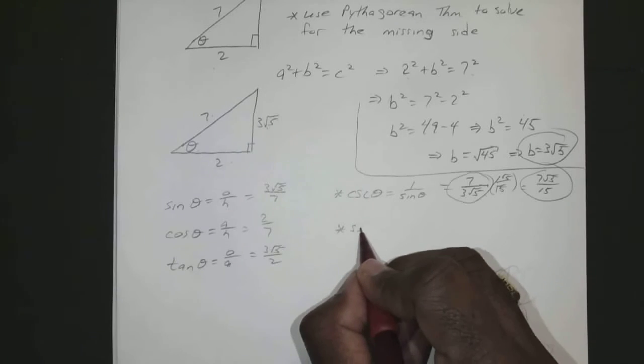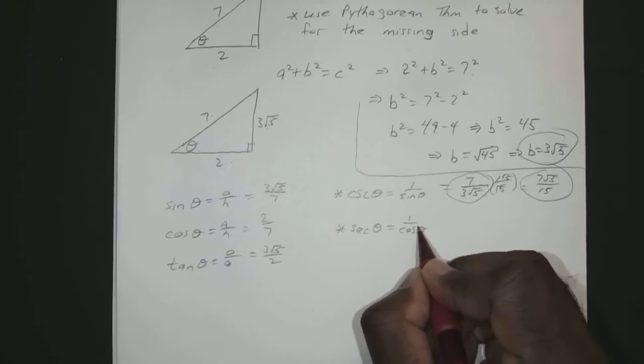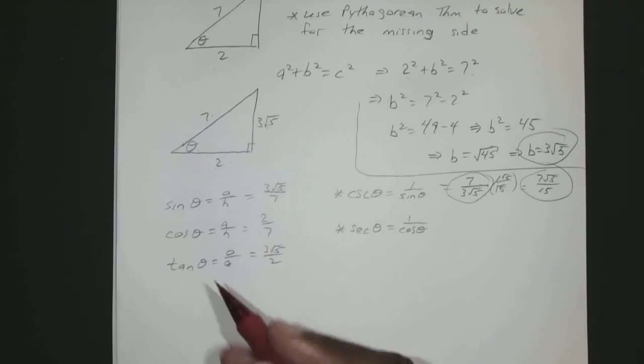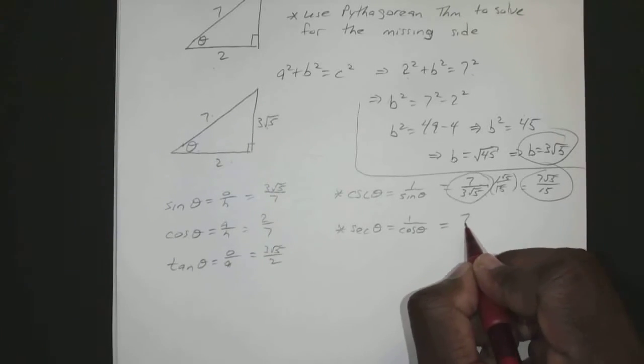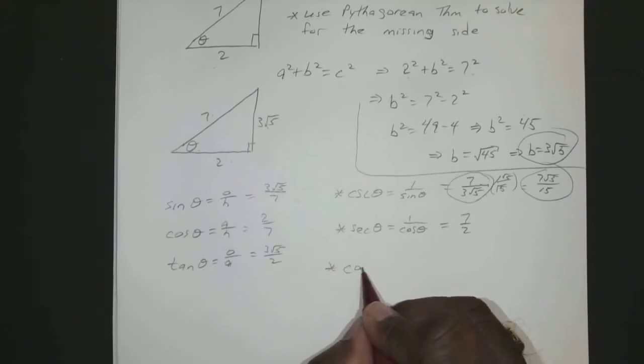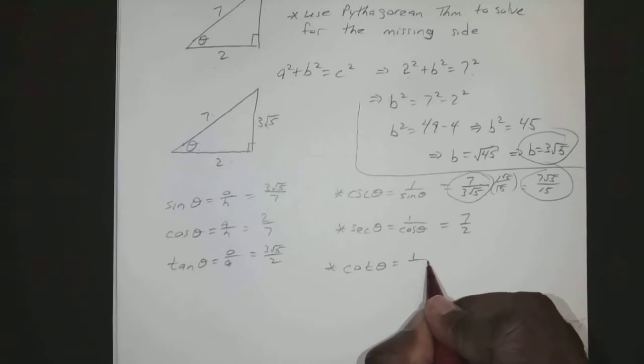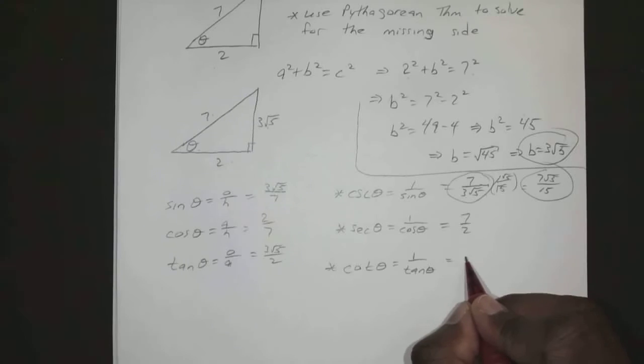Okay, so secant of theta, which is the reciprocal of cosine of theta, is 7 over 2, but they gave that to us, so we didn't have to figure that out. And cotangent of theta, which is just the reciprocal of tangent, is 2 over 3 square root of 5.